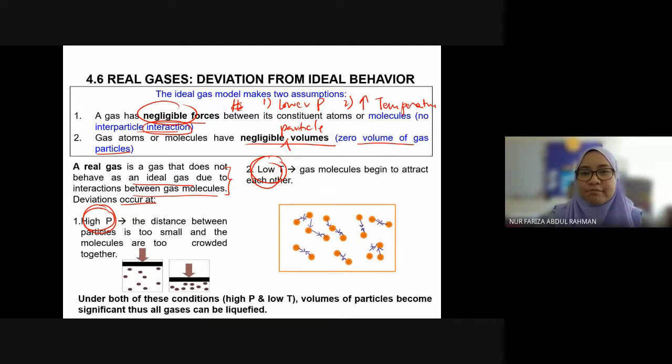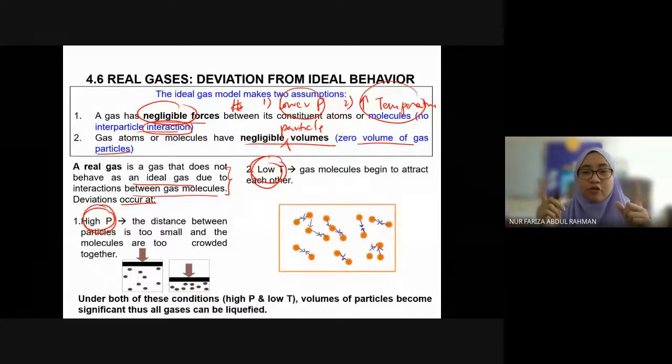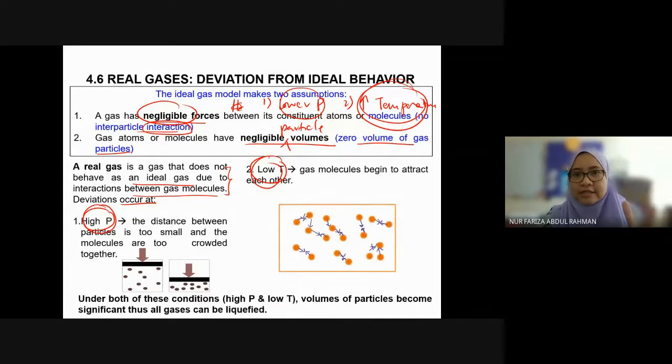And the reason why at low pressure and high temperature it behaves as an ideal gas. Remember, at low pressure the space is large. When the space is large, the particles are farther from one another. So when they are farther apart, the interparticle attraction is not zero, it is negligible. The same goes for high temperature. Why at high temperature do they behave as an ideal gas? Because at high temperature they have extra energy, high kinetic energy, so the speed becomes faster.